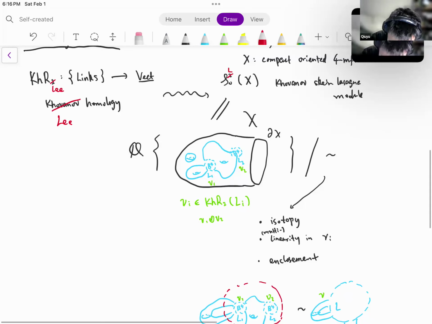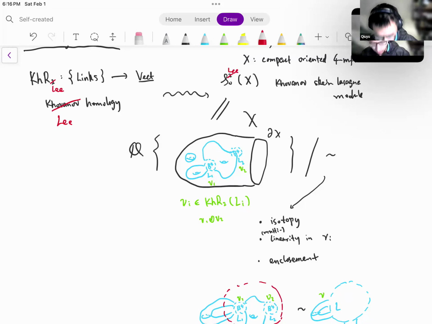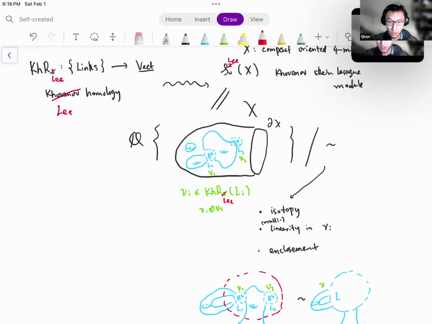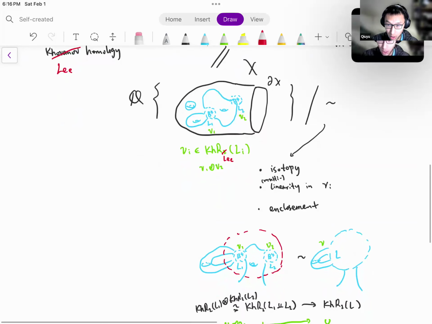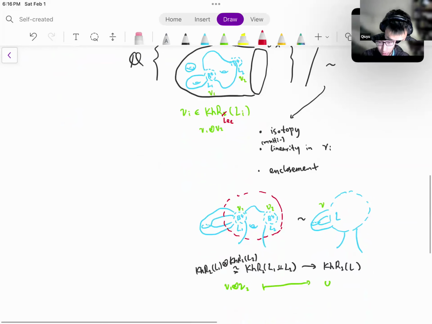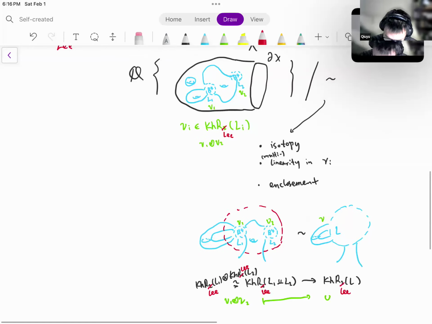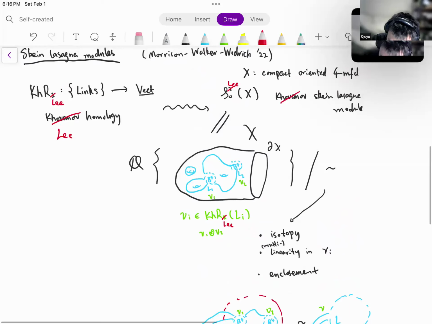So I'll just change the notations in my notes by changing these two everywhere to Lee. So my labels now become elements of the Lee homology, and everything else just stays the same. You run through the same definition, and you get the invariant called the Lee skein lasagna module.